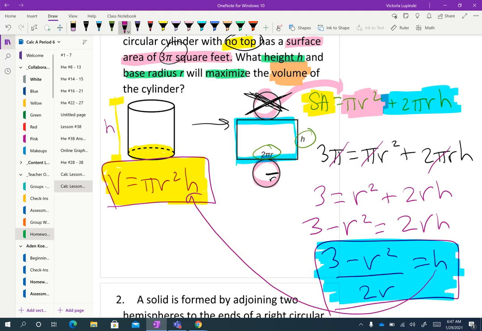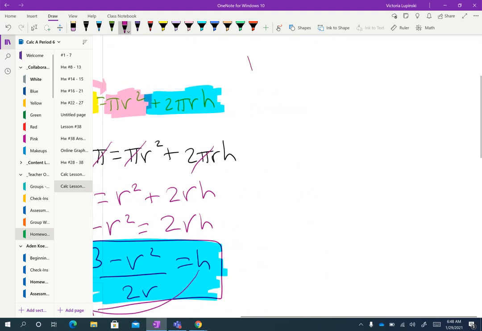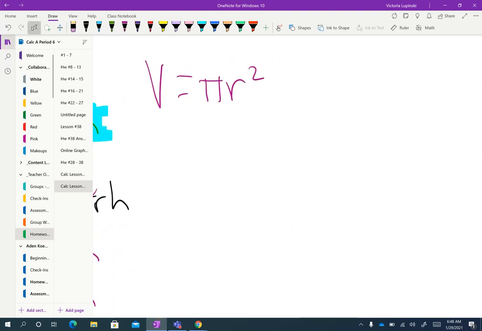So I'm going to take this h and substitute it in here for this h. I'm going to move to the side so that I have a little bit more room, but I'll give you a second in case you're copying any of this down. So the volume, when I make that substitution, is going to be equal to pi r squared times (3 minus r squared) over 2r.